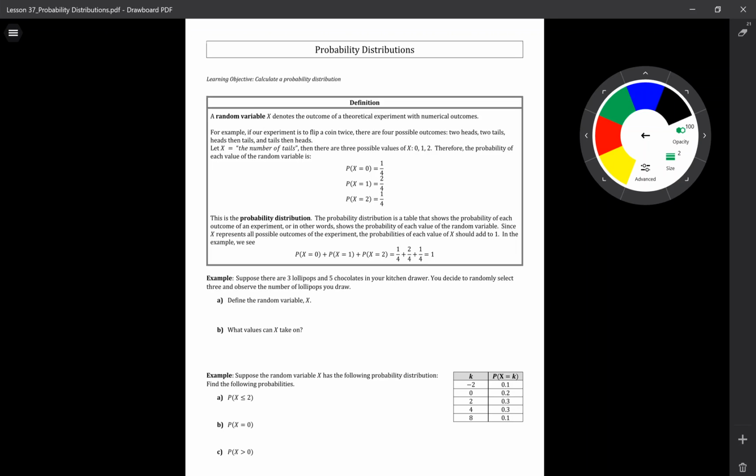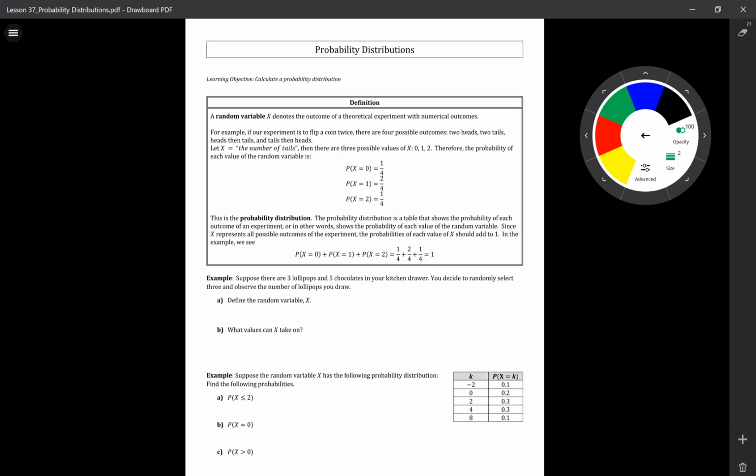In the example, 1/4 plus 1/2 plus 1/4 is equal to 1. That's because these 3 values are the only values that x can take on. It's not a table in this case, but this information right here is the probability distribution. And again, our probabilities should always add to 1 if we are accounting for every single value of x.